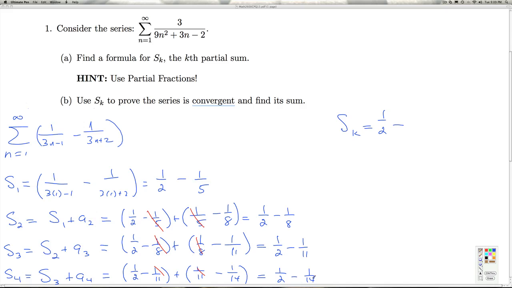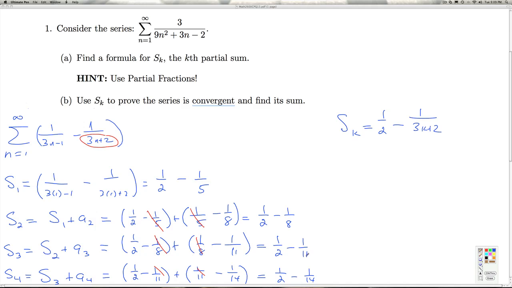And where was I always getting this number? Right, it's always the 3n plus 2 number. So 1 over 3k plus 2. So we can check that out. When k equals 1, I get 1/2 minus 1/5. When k equals 2, I get 1/2 minus 1/8.